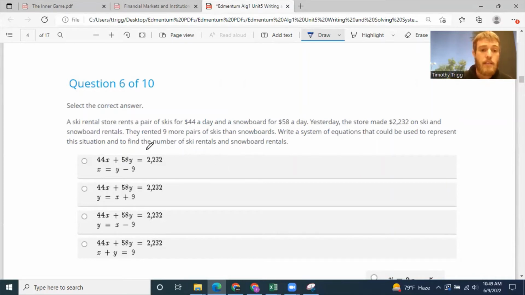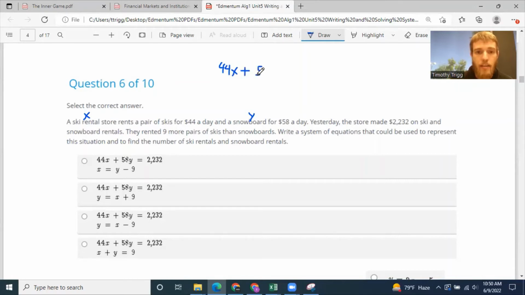The number of ski rentals, that's going to be our x. So ski rentals, that's going to be x. Can you guess what y is going to be? Well, that's the snowboard rentals. Notice that each pair of skis that they rent out is $44. So they get $44 times the number of ski rentals, plus, what do you think I'm going to write here?